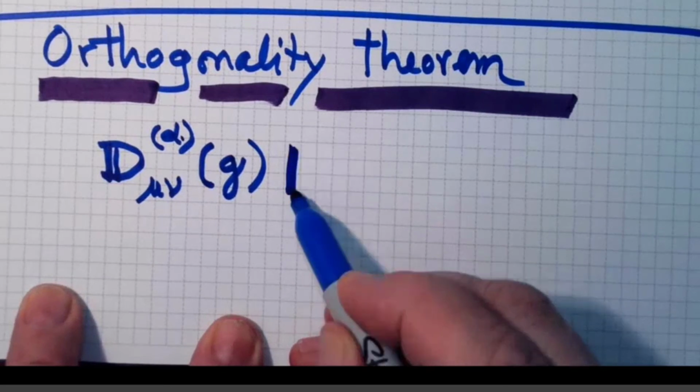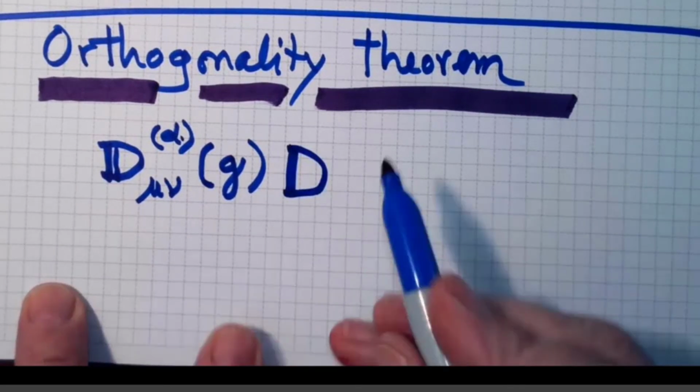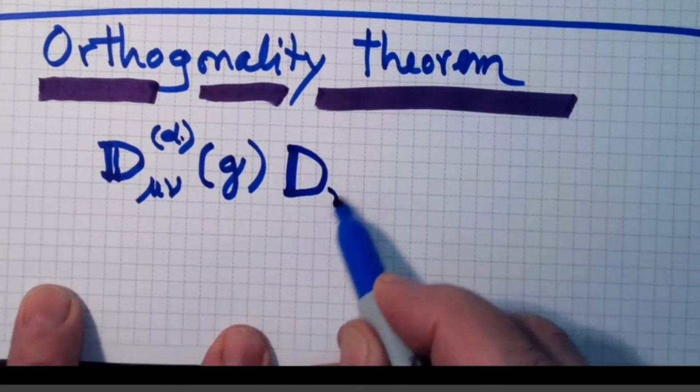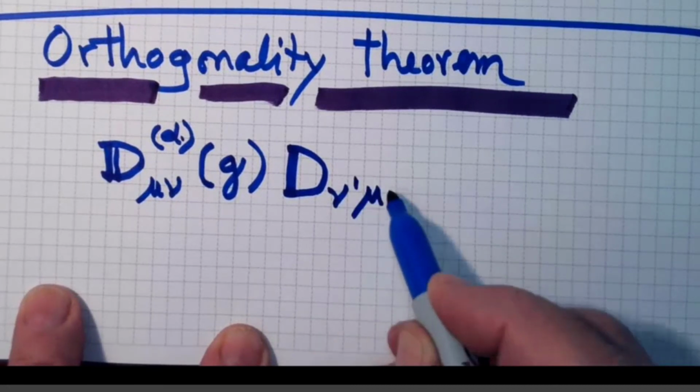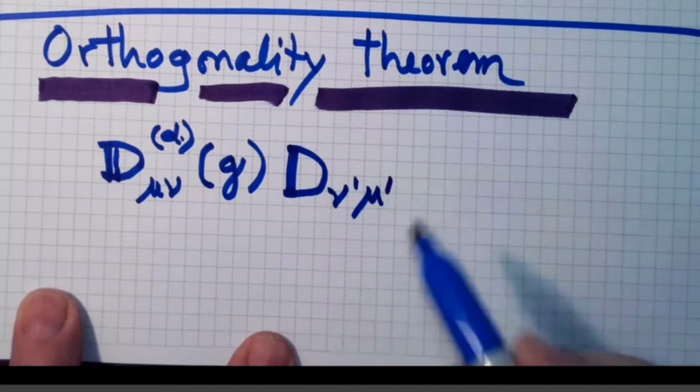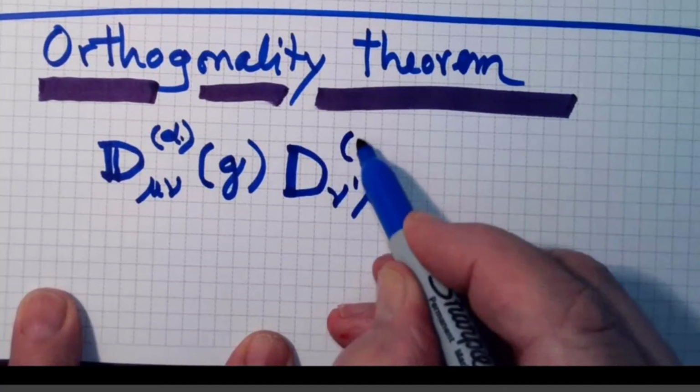So you multiply this by another matrix of any dimension, because they're all irreducible representations of arbitrary dimension. Let's call it beta.